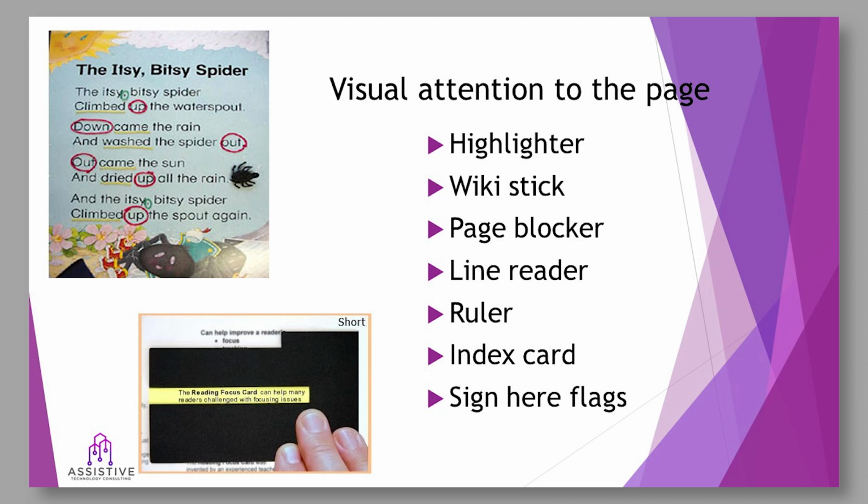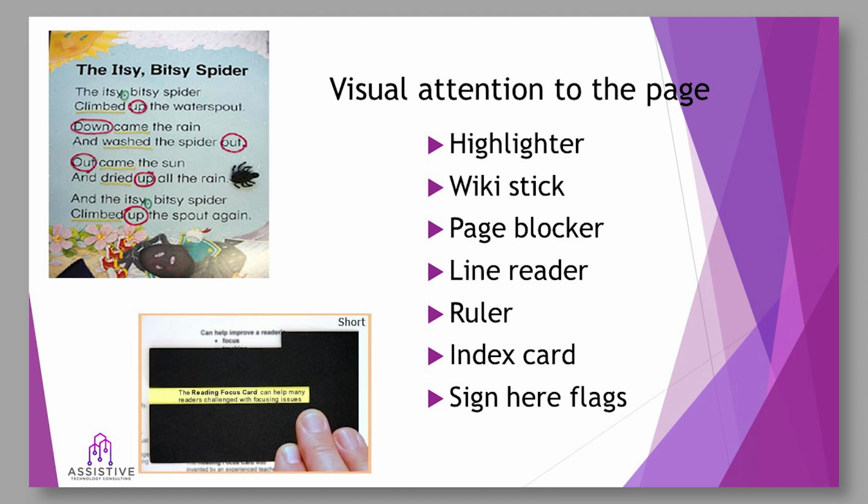So oftentimes we look at, can we highlight a word? Do you have a highlighter? Now, I don't like to draw on a page if it's a textbook or a reading book, so they have erasable highlighters. Wikki Stix are things that you see over here, where there's a yellow one and a red one, and they're bendable.